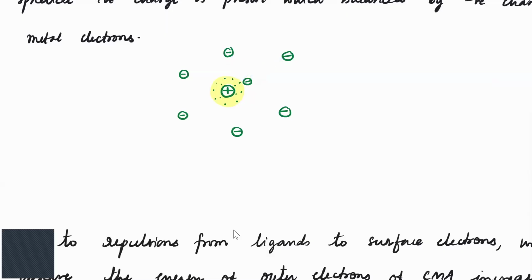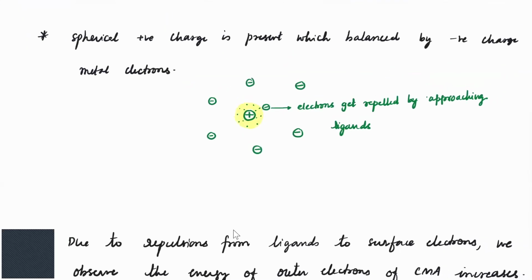So these electrons get repelled by the approaching ligands.